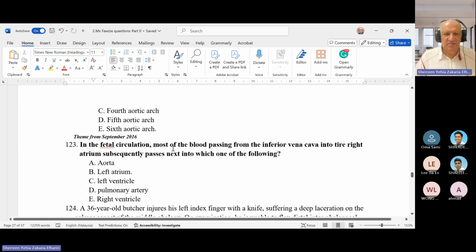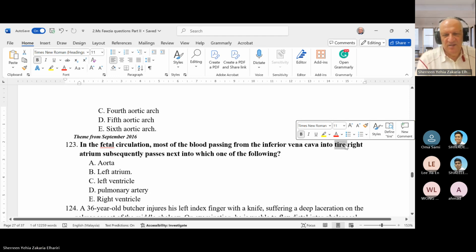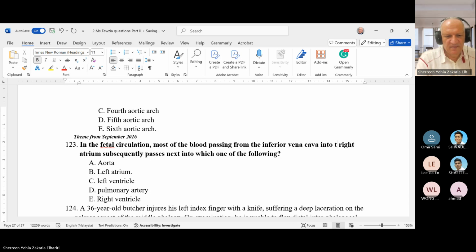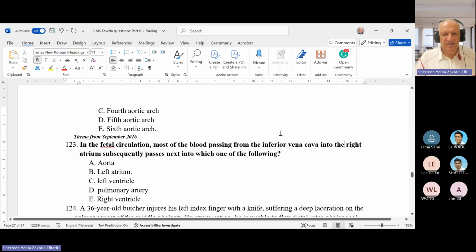In fetal circulation, most of the blood passing through the inferior vena cava into the right atrium subsequently passes next to which of the following? In the fetal circulation, blood from the inferior vena cava goes to the right atrium.